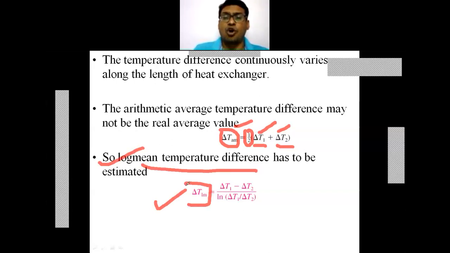Delta TLM is the log mean temperature difference: the temperature gradient at one end minus the temperature gradient at the other end, upon ln of the temperature gradient at one end upon the temperature gradient at the other end.